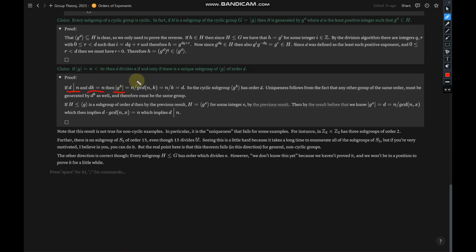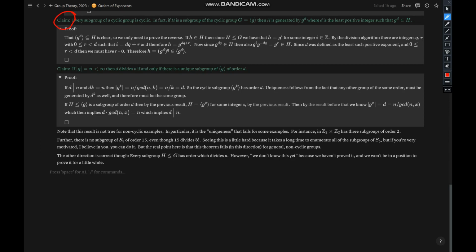And of course, we know immediately from the main result of this video that its order is n over GCD, which is just equal to k. So we get n over k, which from the definition of k is equal to d. So that furnishes the subgroup that we were interested in, the subgroup of order d.